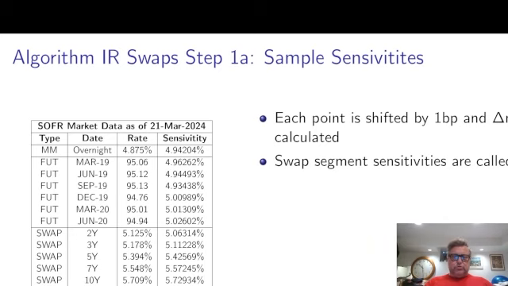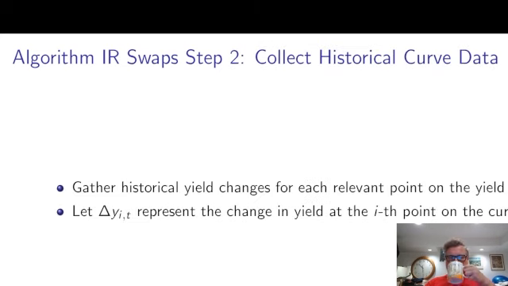One approach is we shift each market data point in this curve by 1 basis point, and we calculate the change in mark to market. We can also convert the whole curve into just swap points synthetically. Then we shift the swap rates, like for example the 1 year point, and we could add here 6-month swap and 1 year swap, and then just shift swap points, but different people do it differently. If you shift the swap rate, it's called a key rate duration. These are, for example, sensitivities.